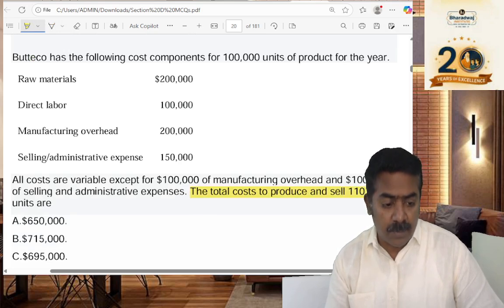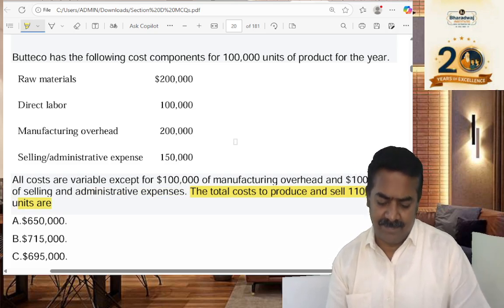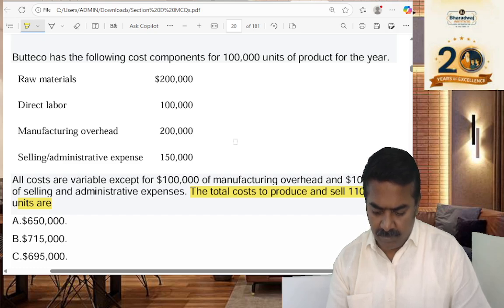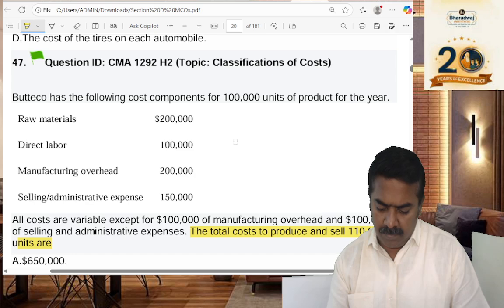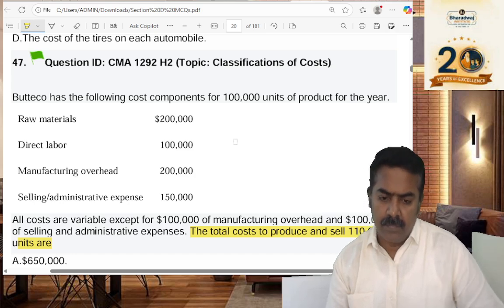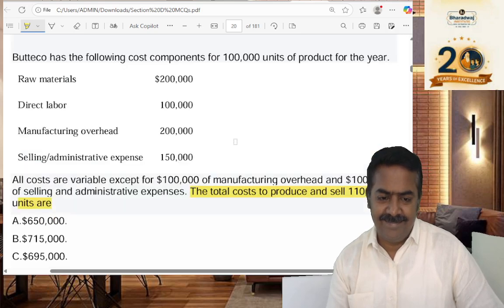They ask you to find the total cost to produce and sell. To produce as well as what? Sell. Be careful.